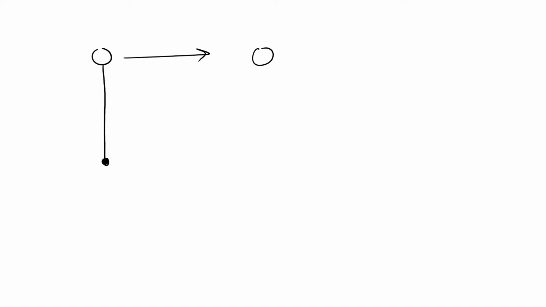So I give it a push this time, and you can see what it wants to do. It wants to go straight, and it wants to end up right there over a period of time. But it can't do that. Instead, it is being forced to turn like that. And so where it actually ends up is going to be right here.